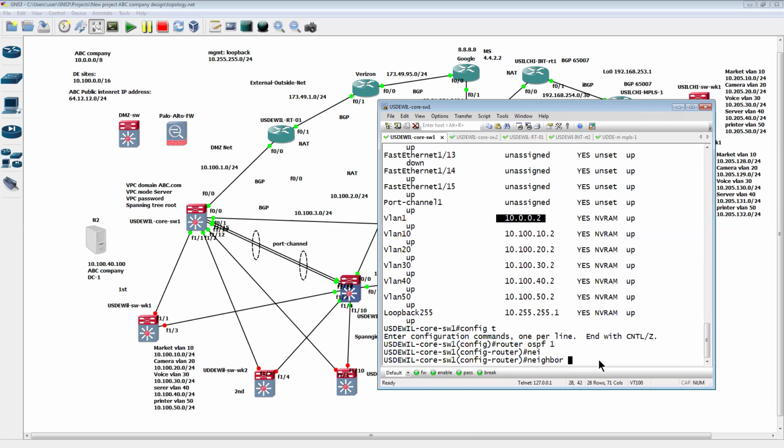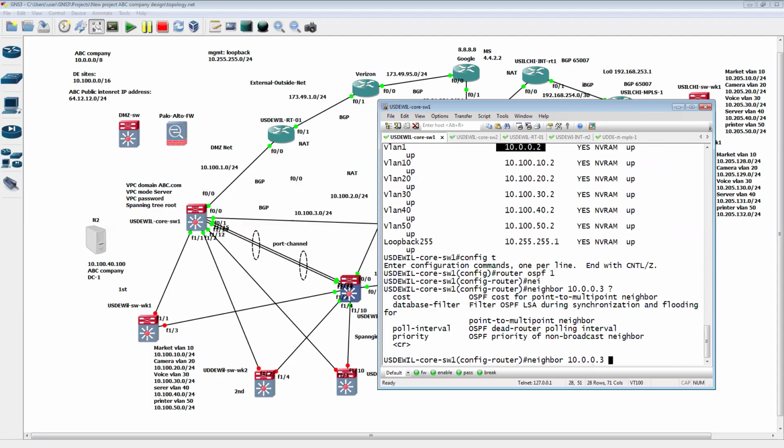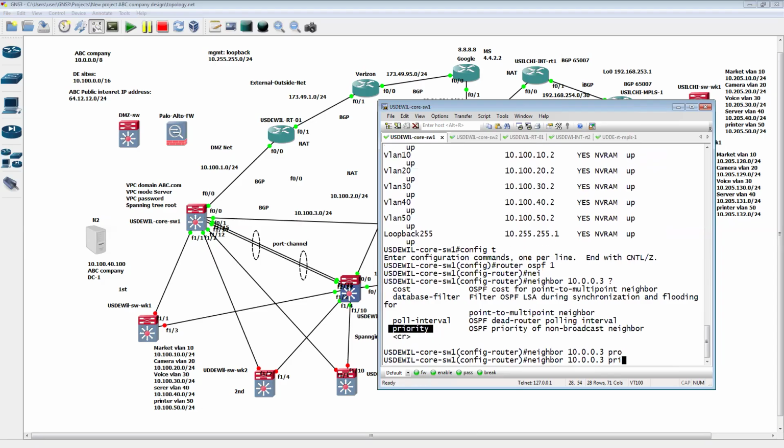So neighbor, we have 10.0.0.3, something like this. And for anything else that follows neighbor, put the question mark in here. You can set the cost if you want, that is the link. Or the priority, if you want to decide who is going to be in charge.